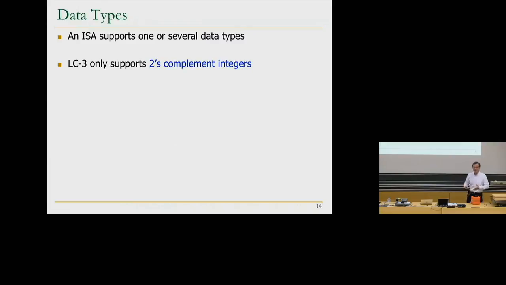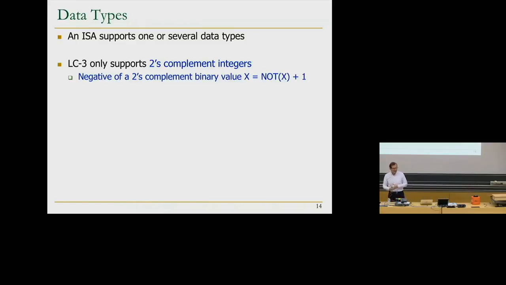Well, if you don't know, basically these are positive and negative integers, and the way you take the negative of a number, of a binary, 2's complement binary value x, is you basically do a not on the x, which is the bitwise complement, and then add 1 to it. And if you don't believe me, do this for a bunch of numbers, and by induction you can prove that this works actually.